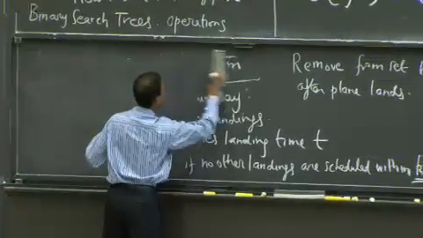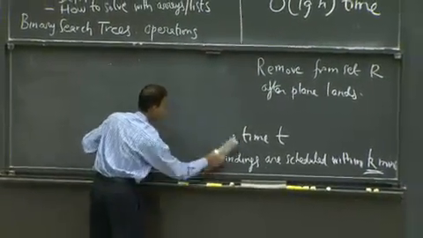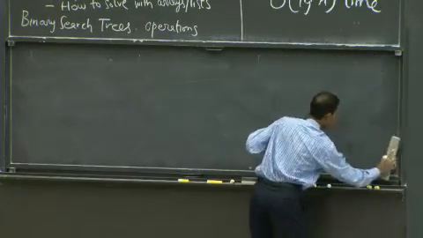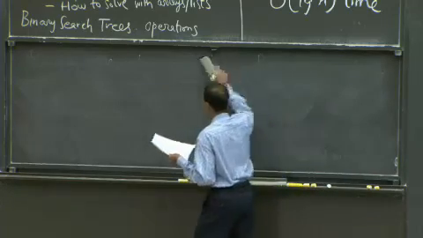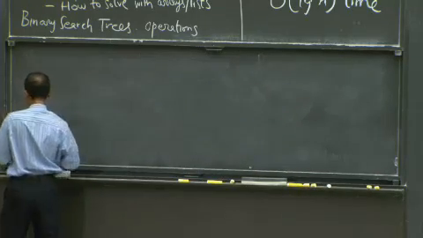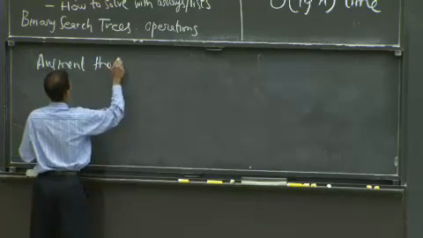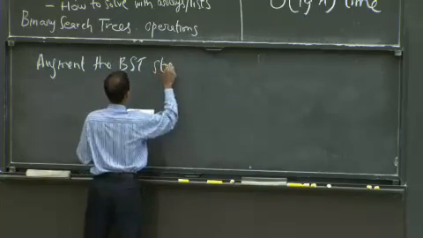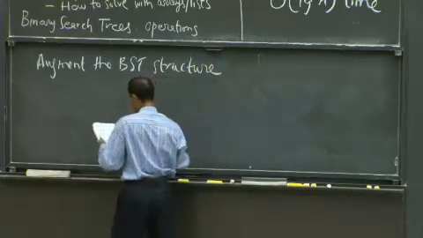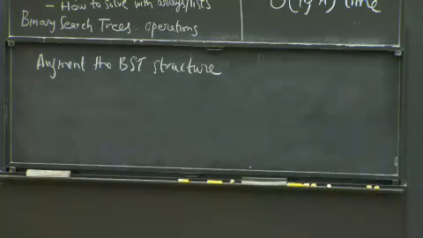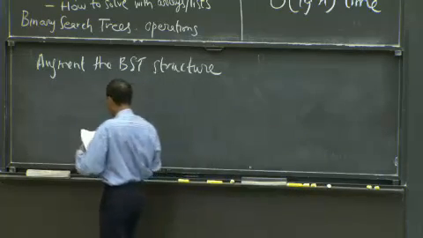The first thing we need to do is add a little bit more information to the node structure. We're going to augment the BST structure, and we're going to add one little number associated with each node that looks at the number of nodes below it.